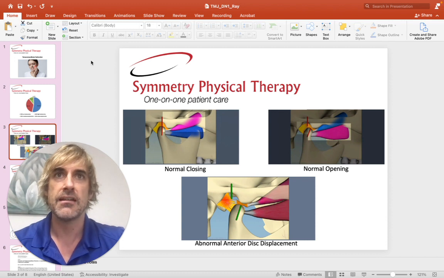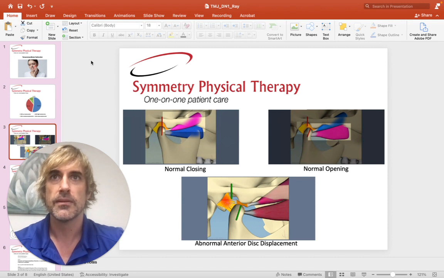As a result, the inferior head tries to compensate and becomes overworked, which leads to hypoxia, inflammatory factors, and trigger point formation. This leads to pain in both the joint itself and the chewing muscles.